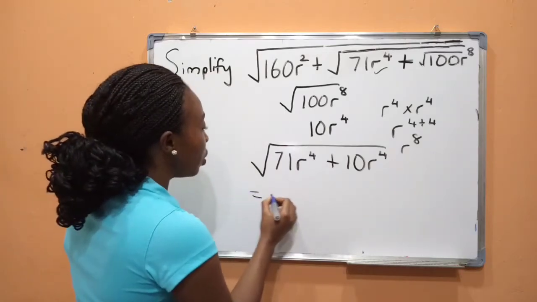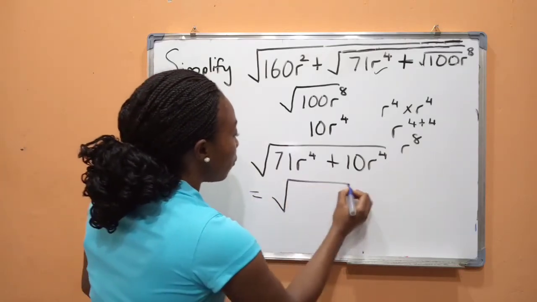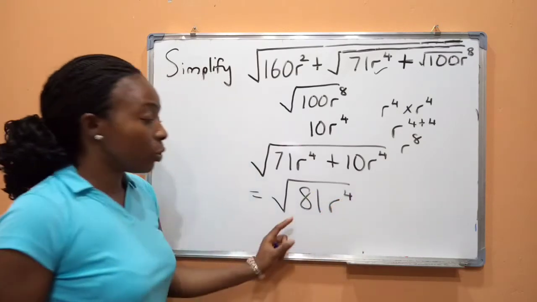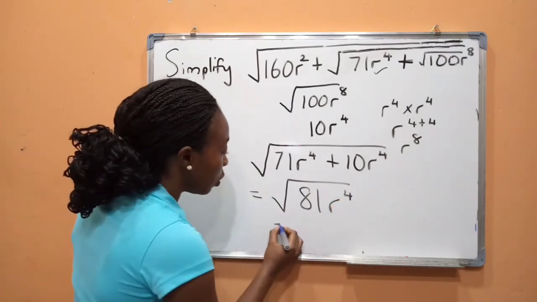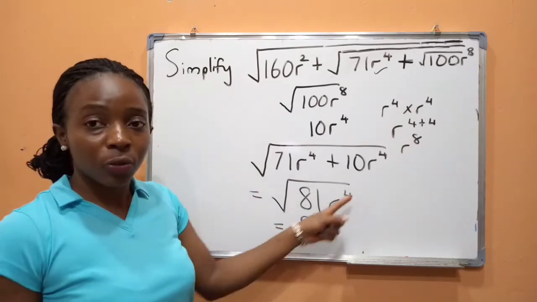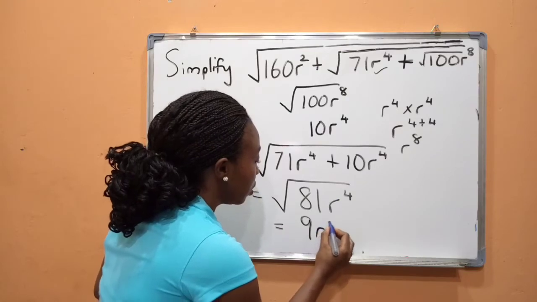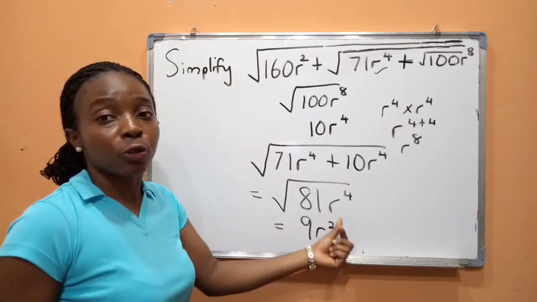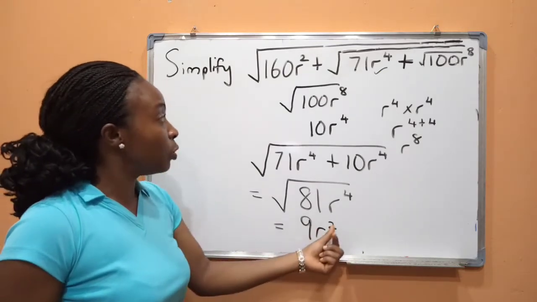So when we do that, we're going to have the square root of 81r to the power of 4. Now we've gotten this. What's the square root of 81? The square root of 81 is 9, and the square root of r to the power of 4 is r squared. So we have 9r raised to the power of 2.